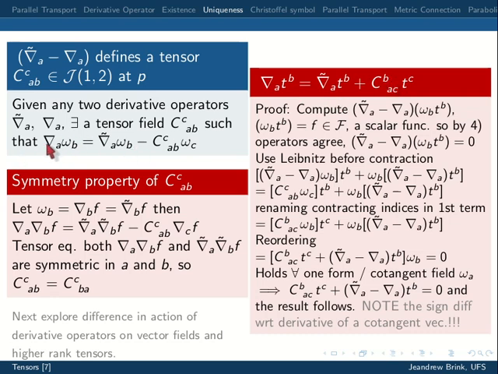This one, when you're applying it to a one form, the lower index, a 0,1 tensor, you have the minus C^c_ab ω_c. If you're applying it to a vector, you have the plus, and the contraction is now with the upper vector index and the lower index in C, and the symmetry is still on the lower two indexes and not with the upper one.